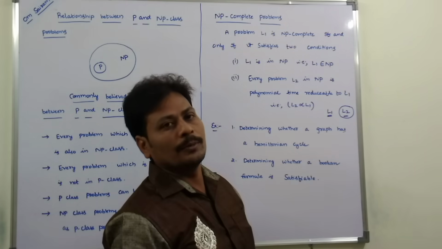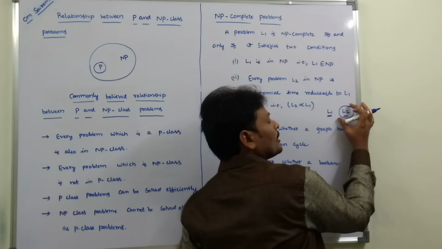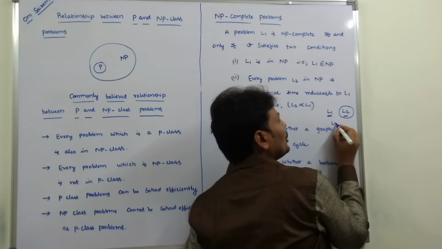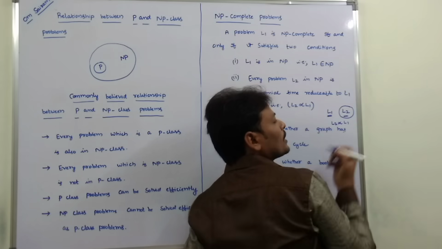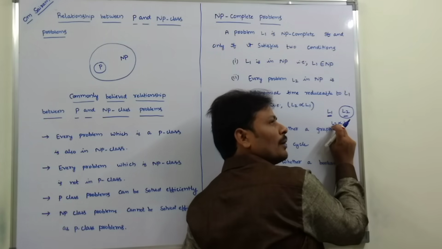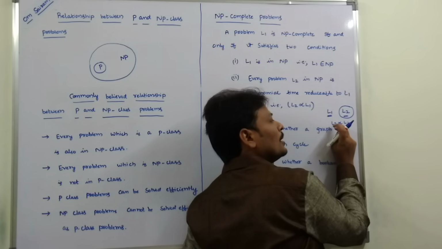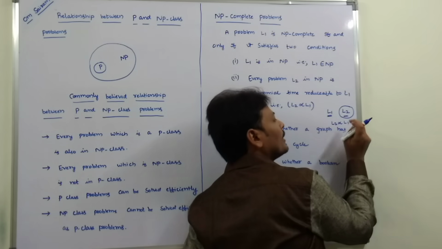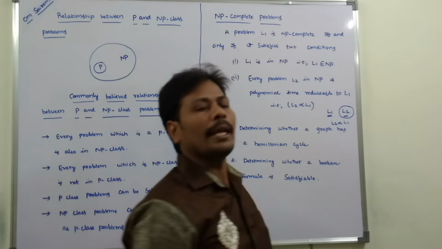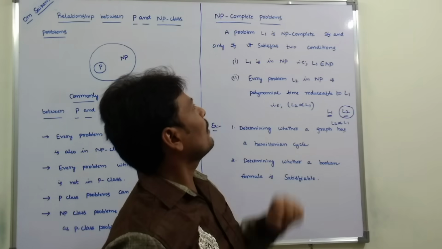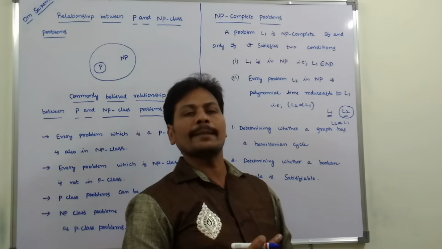If L2 can be solved in polynomial time by using a deterministic algorithm, and L2 is reducible to L1, then L1 is also solved in polynomial time. So this problem is called an NP complete problem.